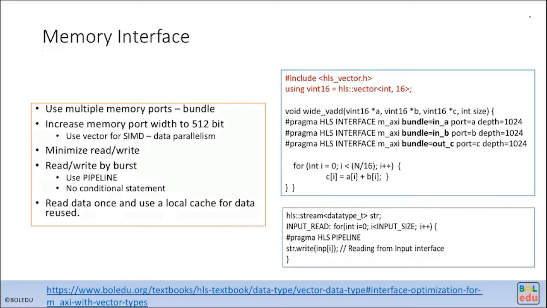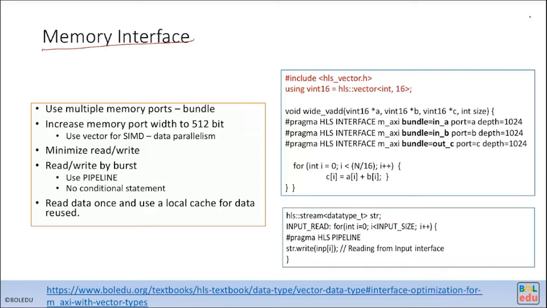So for memory interface, you try to maximize the memory bandwidth because the FPGA already has those bus widths allocated for you. So you'd better just use those bandwidths.